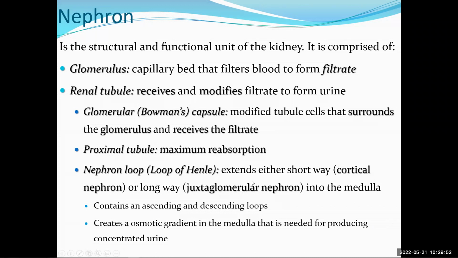Nephron loop of Henle, right? That's all the way down. The loop of Henle is really a turning point from the short to the long arm. It contains both the descending and the ascending loops, and it creates this osmotic gradient. That osmotic gradient is important because, as we've learned from other courses, osmosis is the movement of things, in this case ions, from an area of high concentration to low.